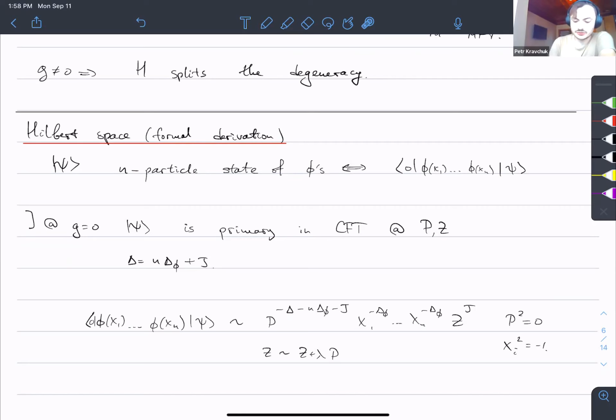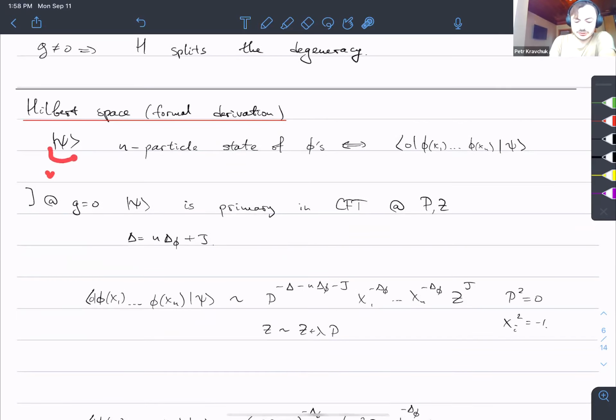The statement is that if you have some n particle state, a state containing n phi particles in free theory, then you can completely describe the state if you know this matrix element. You take the vacuum, act with n phi operators, and take the inner product with psi. This is a function of x1 through xn, and it completely contains the wave function of this n particle state.